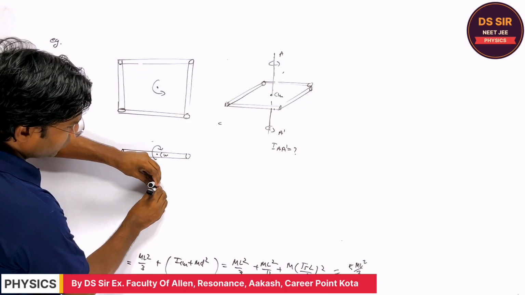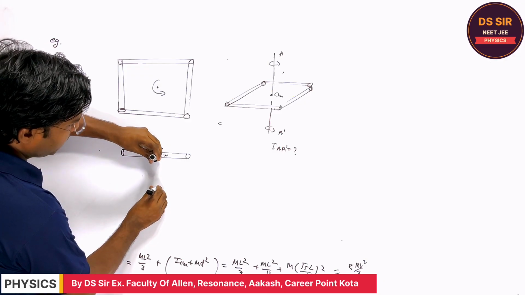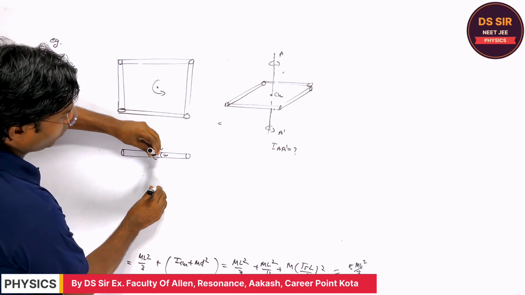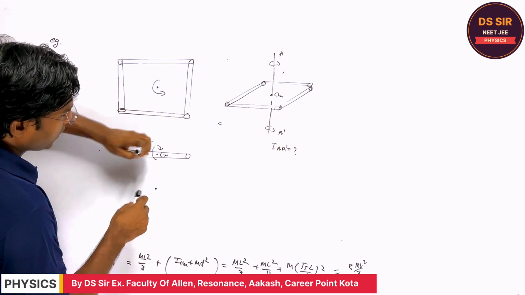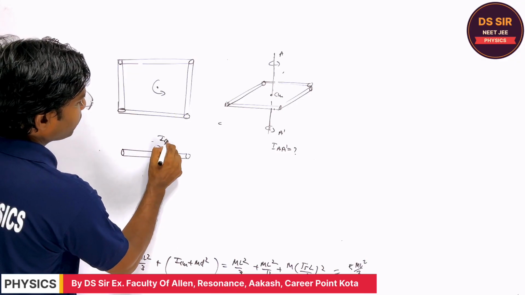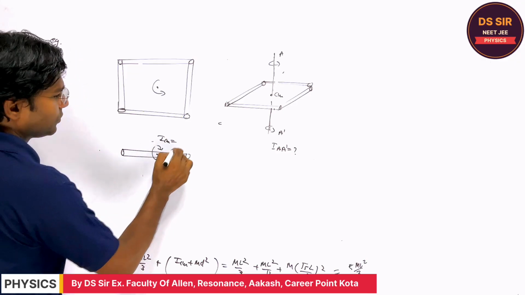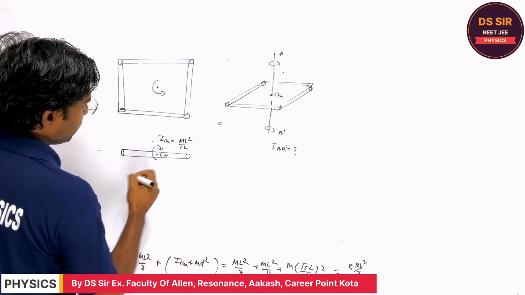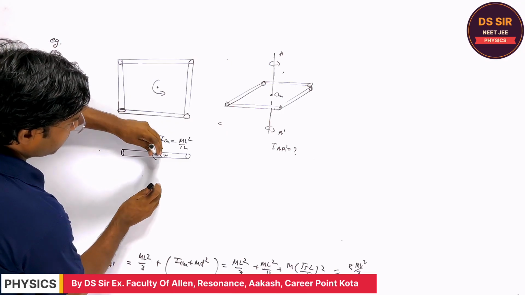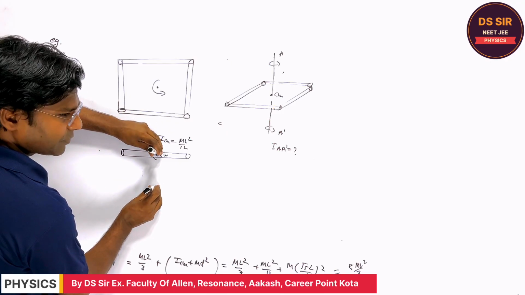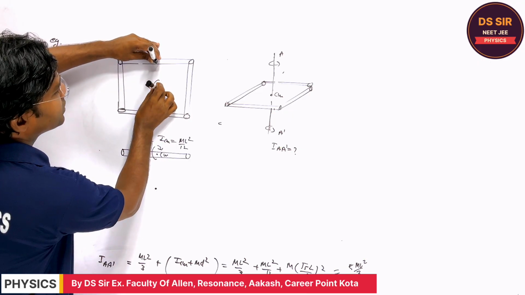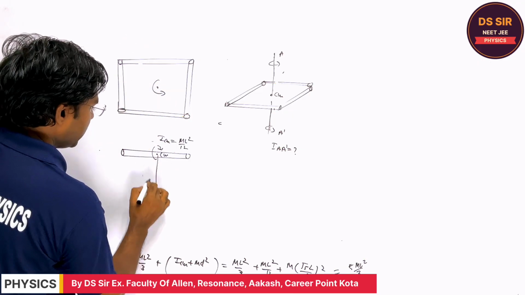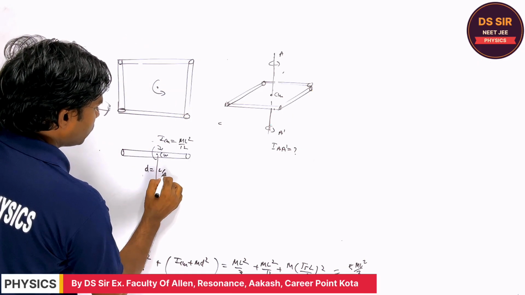With respect to this axis, we take a parallel axis passing through the center of mass. What is the moment of inertia I_CM of this rod? ML square by 12. Very good. And what is the perpendicular distance between the two axes? L by 2. So D is equal to L by 2.